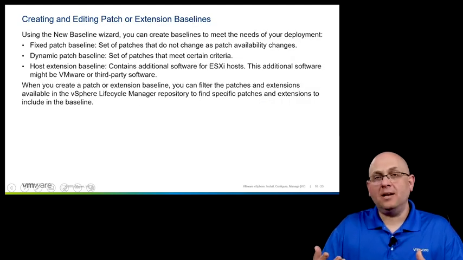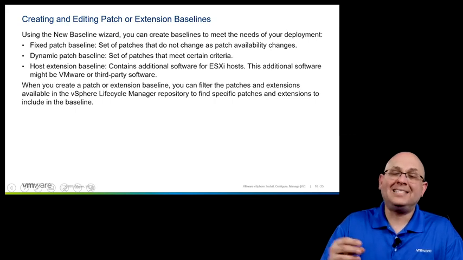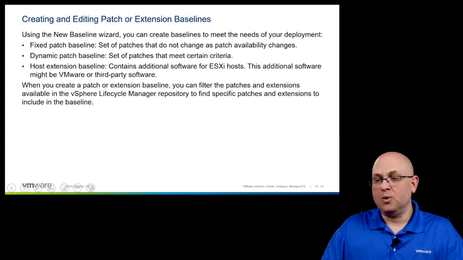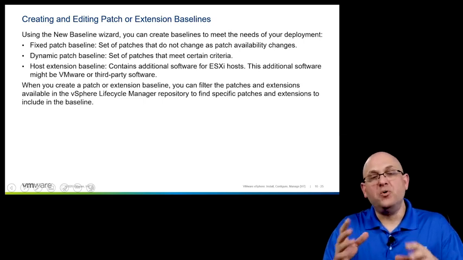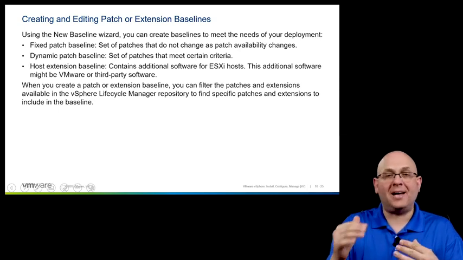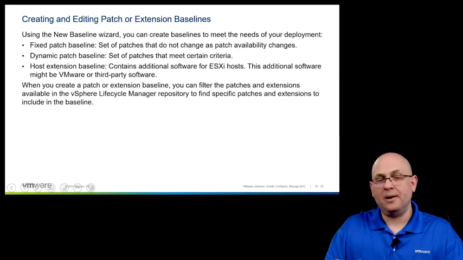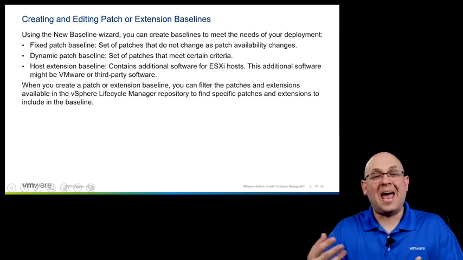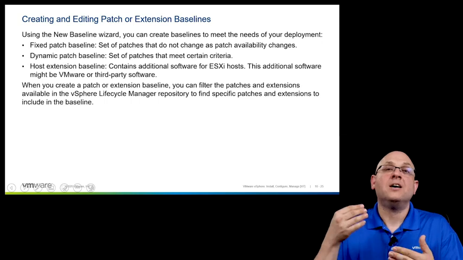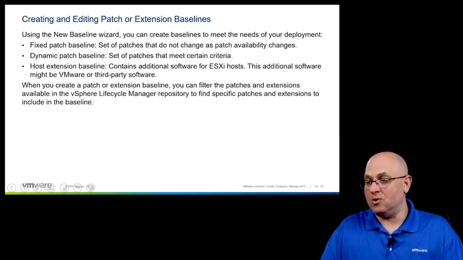So we can create a new baseline or edit existing baselines through the new baseline wizard. And we can create what we call fixed patch baselines. So I can set up a new baseline that includes only the patches that I choose to apply. I can create a dynamic patch baseline, which will include all of the patches that VMware believes are of the same type of the baseline that you create.